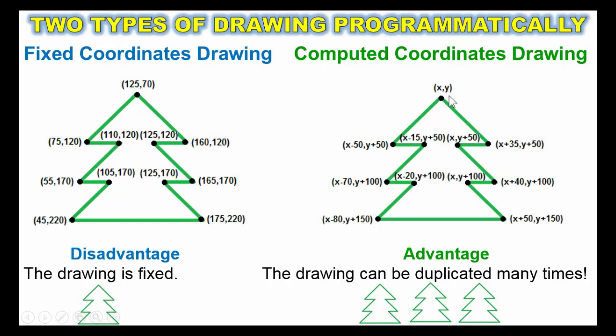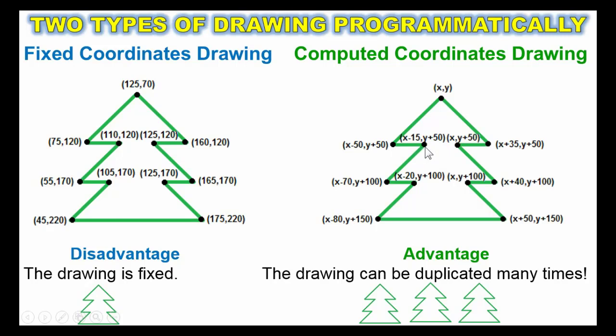And then the imaginary pen will position to that location x and y, followed by a LINETO command with this coordinate x minus 50, y plus 50, and it will draw a line from that x and y until here.